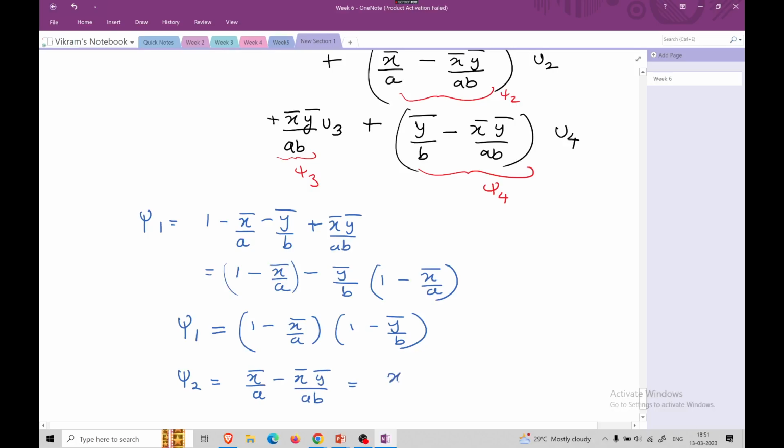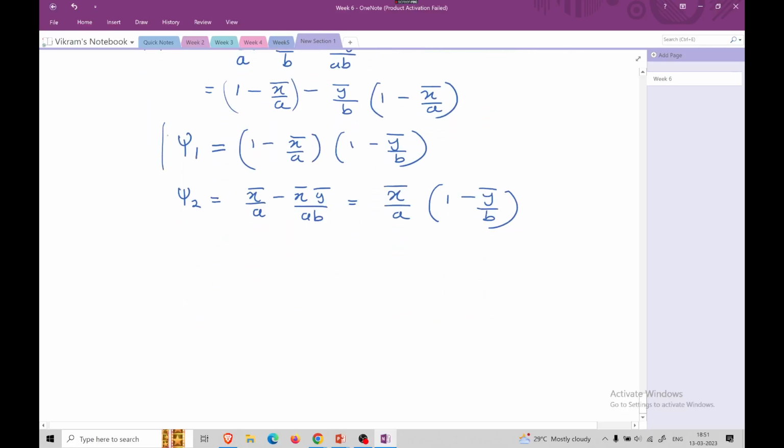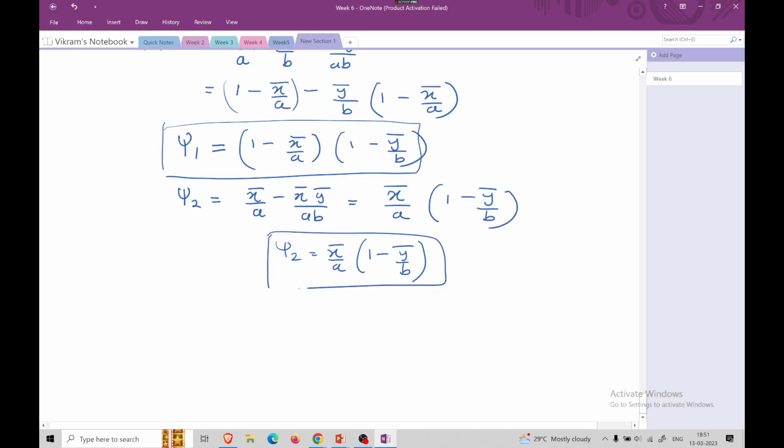So if I take x bar by a as common, 1 minus y bar by b. Psi 3 is simply x bar by a into y bar by b.